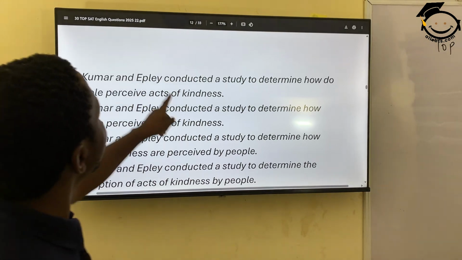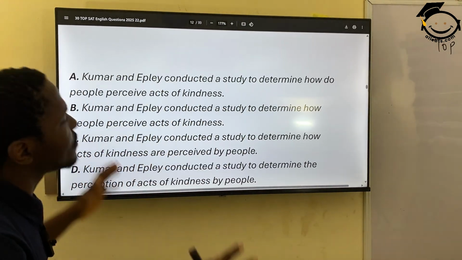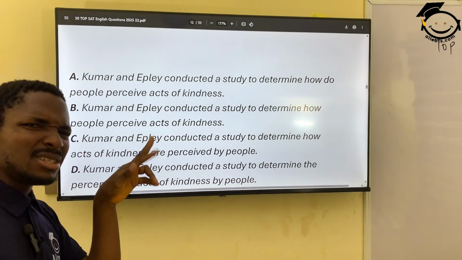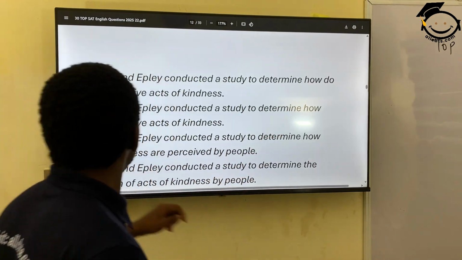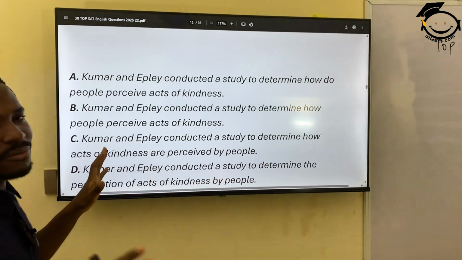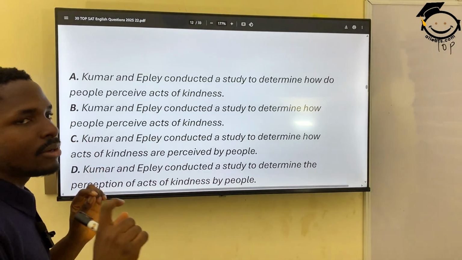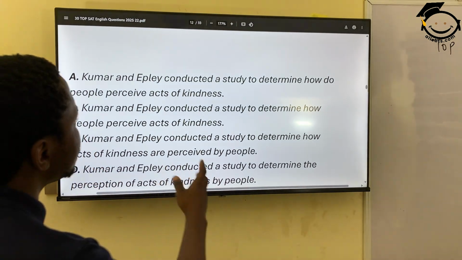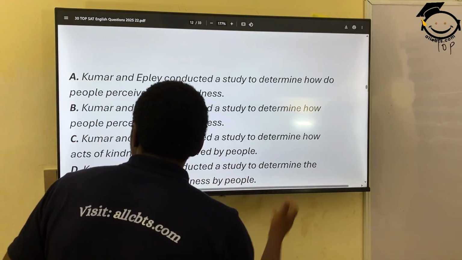Now let's go back to the options. We have Kumar and Epley conducted a study to determine how do people perceive acts of kindness. This looks a little bit awkward. We have Kumar and Epley conducted a study to determine how people perceive acts of kindness. Okay, this sounds clear. Then we have Kumar and Epley conducted a study to determine how acts of kindness are perceived by people. This looks indirect.